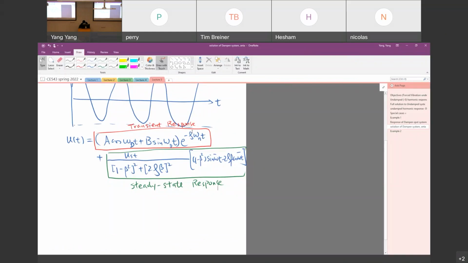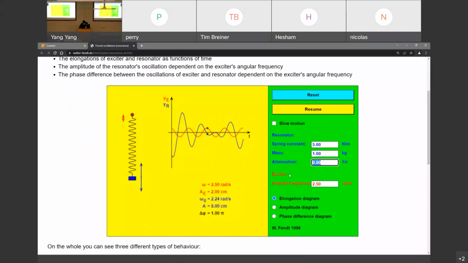I'm not sure what the correct definition of attenuation is here, but we can try it. For example, we can input 0.1, probably a damping ratio.